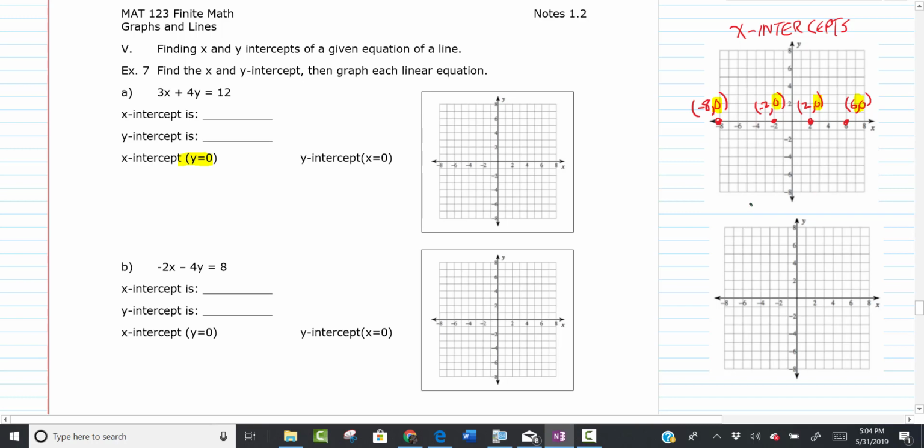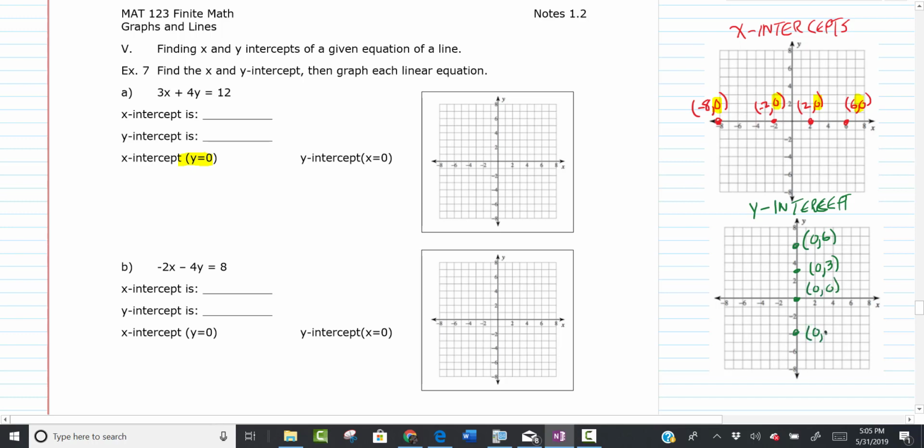By contrast, a y-intercept has a little bit different structure. I'll just put some dots on the y-axis, just anywhere I want to. So this one is the point 0, 6. This is the point 0, 3. This is the point 0, 0.